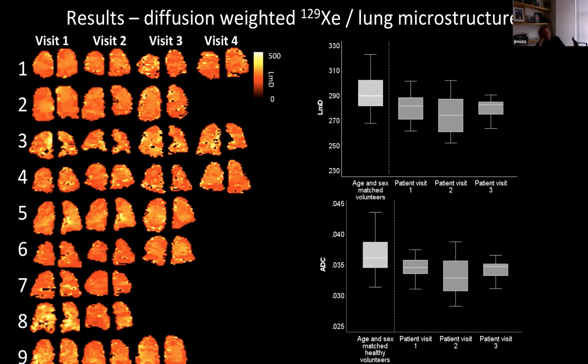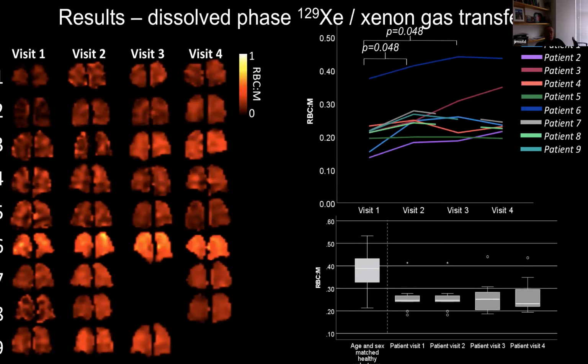But either way, no real significant change there, and no significant difference to healthy age-matched normals. So far we're seeing fairly normal ventilation and fairly normal airway microstructure, consistent with this not being a small airways disease pathology.